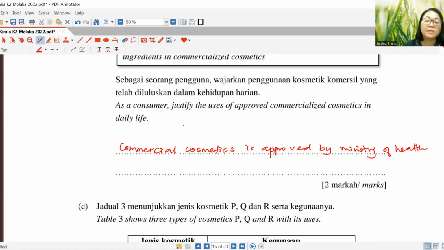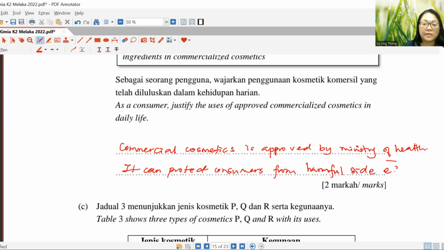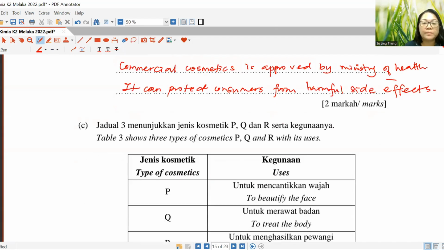That is why the clinical test has been done. Okay, it can protect consumers from harmful side effects.